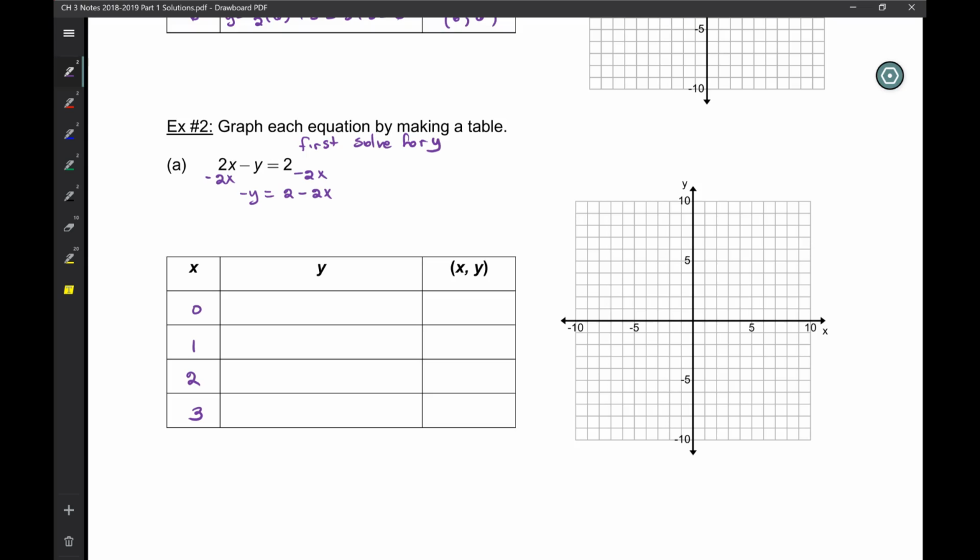No, we're not looking for y-intercept or x-intercept. We're doing it this way. We're going to solve for y. Yes, it's another way to do it. Now, we divide by negative 1. Here, we divide everything by negative 1. So, y equals negative 2 plus 2x.